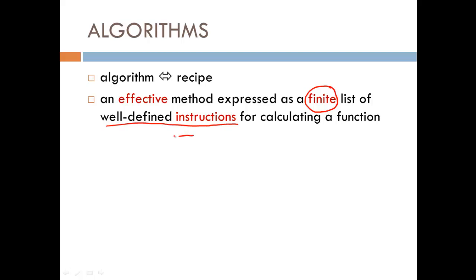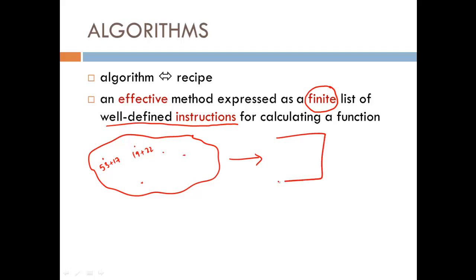In general, problems will have infinitely many instances. For example, if you take the problem of addition, there are many instances like 53 plus 17, 19 plus 22, and so on. But we want to give these instances to a single algorithm that has finite description.